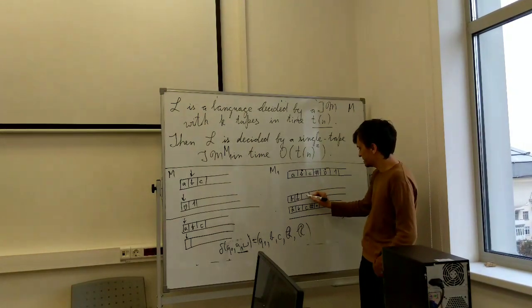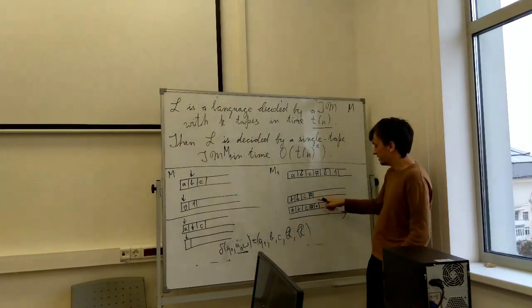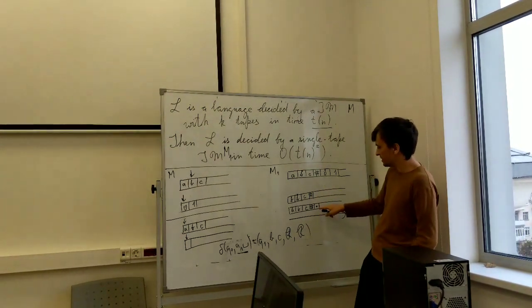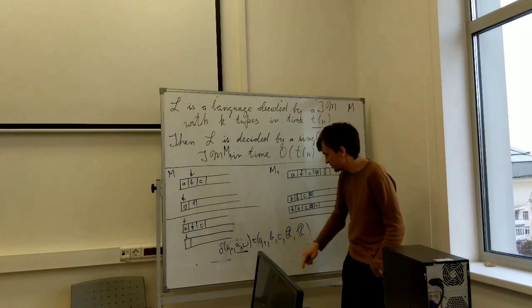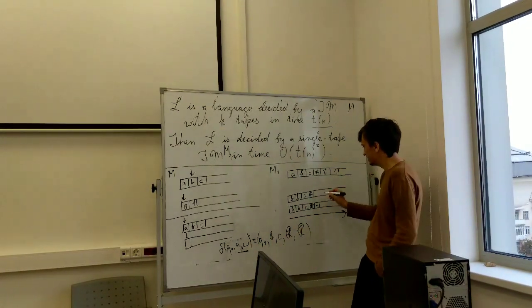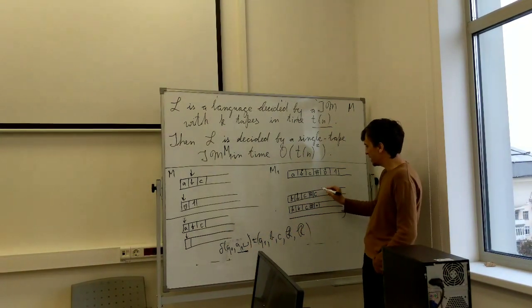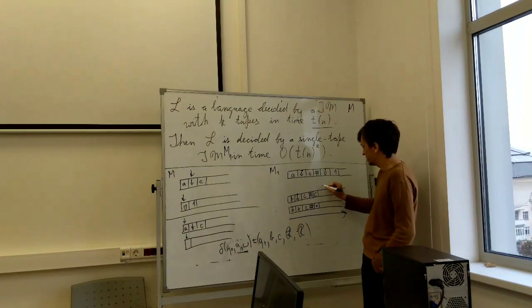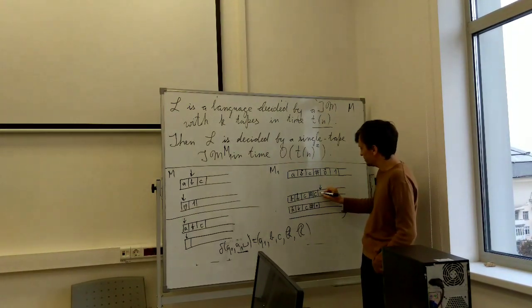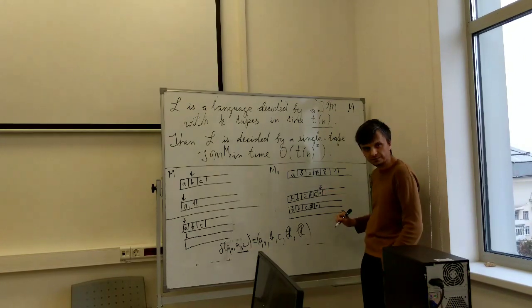Then this remains C. And then here we must replace this blank symbol by C. So here we have to write C, and we have to move here, just by putting a dot here.